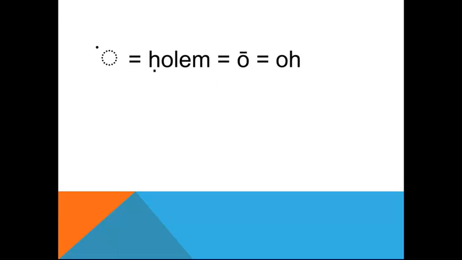Okay, let's get to the O and U vowels. The cholem is an exception to the rule that most are written underneath. So here you can see that the cholem is actually written above the letter that follows, and that'll take some getting used to.